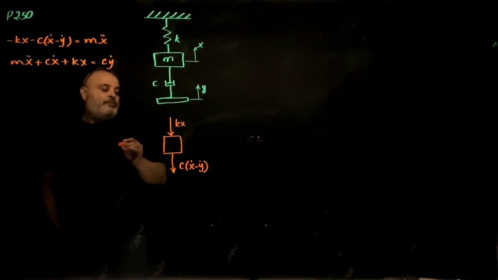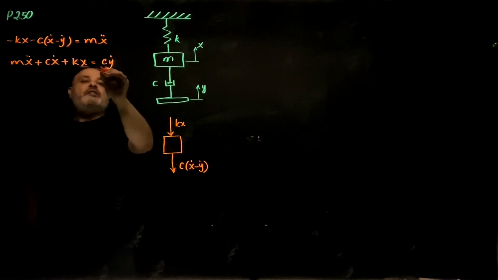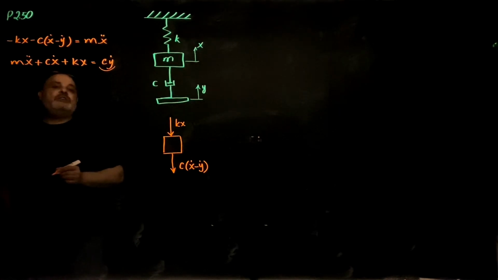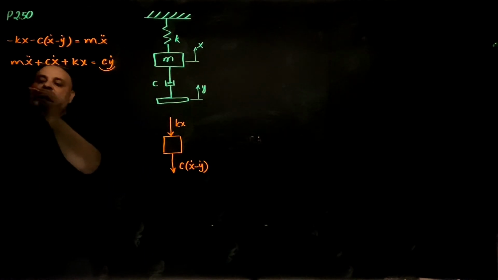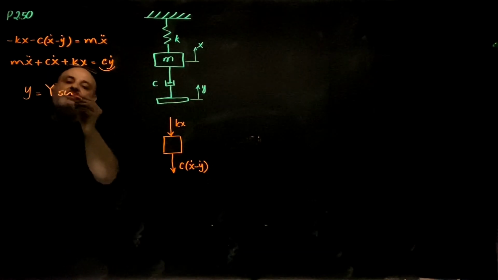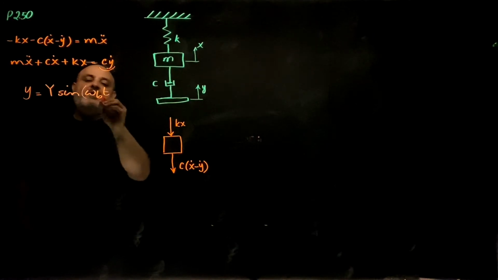In the main derivation we had plus ky. So now I have only one term, which is c y dot, and defining y as amplitude Y sine omega b t.